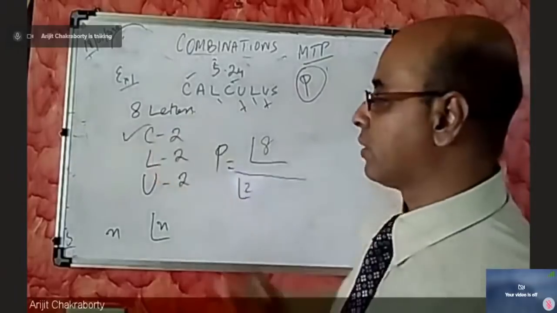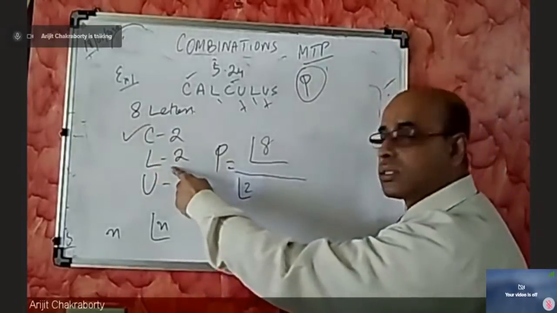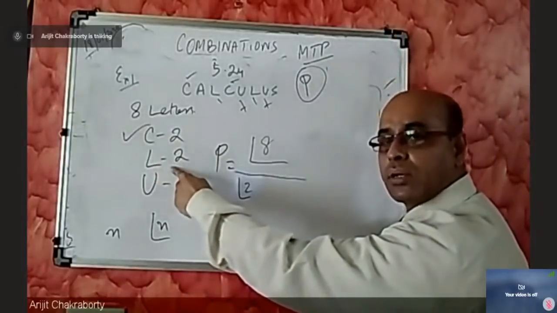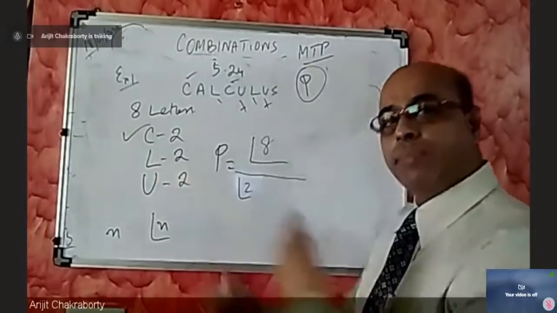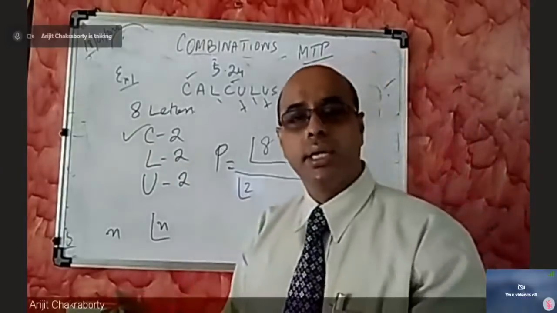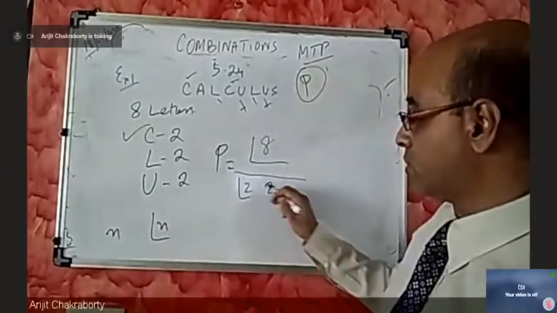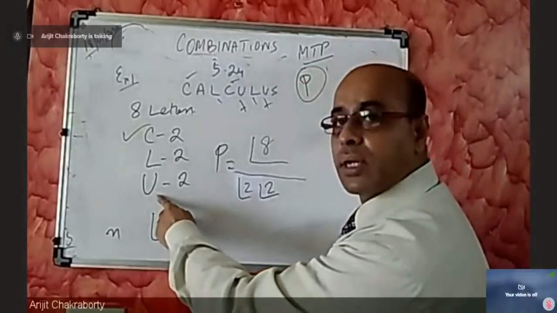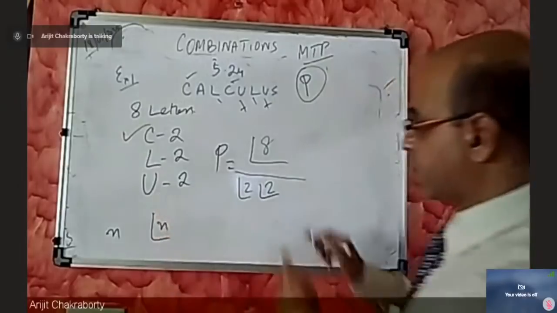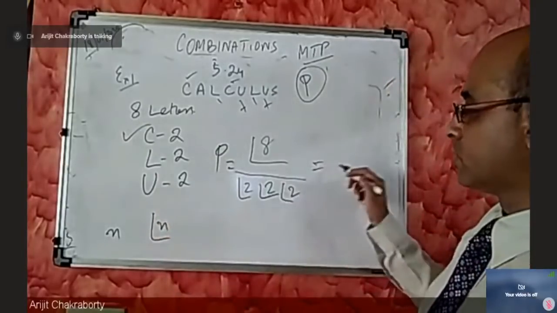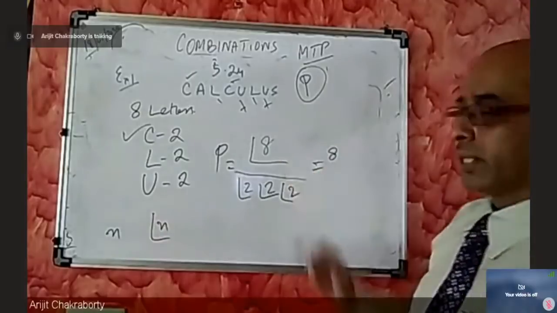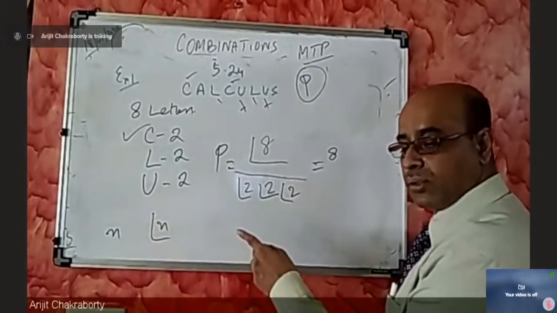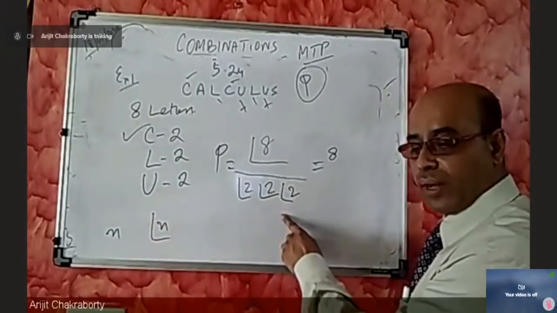Again we have 2 L's which are the same letters, but they can be arranged in 2 different ways, so again it goes into division. And we have 2 common letters U, so this again comes up here. So this is equal to 8 factorial divided by 2 factorial into 2 factorial into 2 factorial.